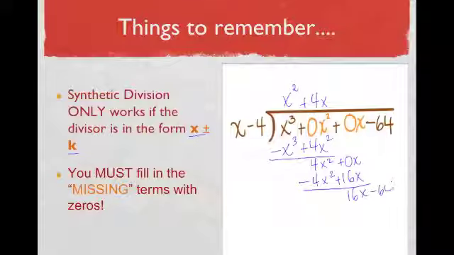Bring down my minus 64. So this is going to be plus 16. Well, there we go. Minus plus gives me a remainder of 0.